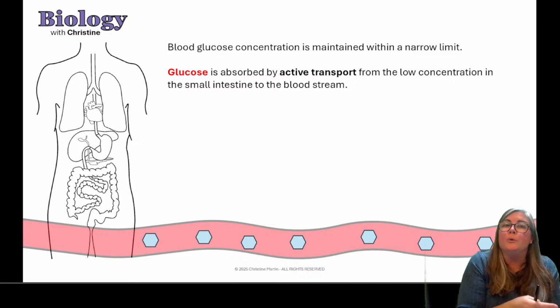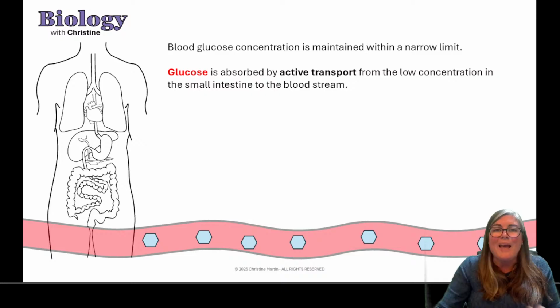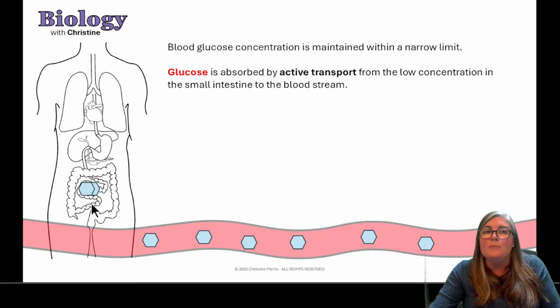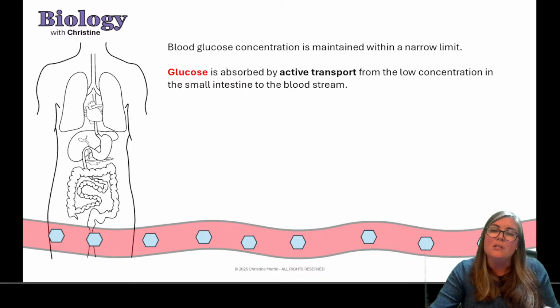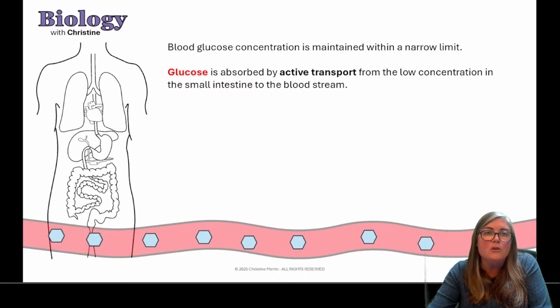Well, glucose is absorbed by active transport. It's absorbed from our intestines into our bloodstream against a concentration gradient. And because it's going against the concentration gradient, we know that energy is required.